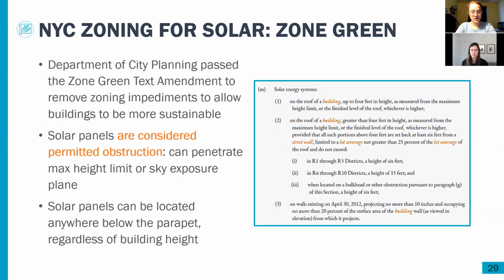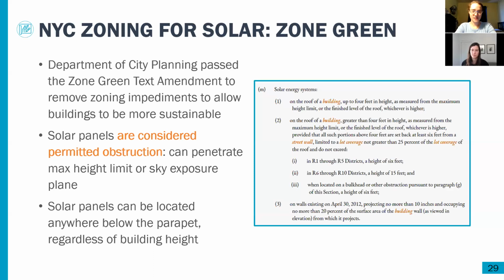And so we can go through this more, but the addition of 4 feet to the maximum height or sky exposure plane, and the ability to have a portion of it, not the whole roof, but a portion of it above that, definitely gives a lot more possibility than there used to be before Zone Green was passed.